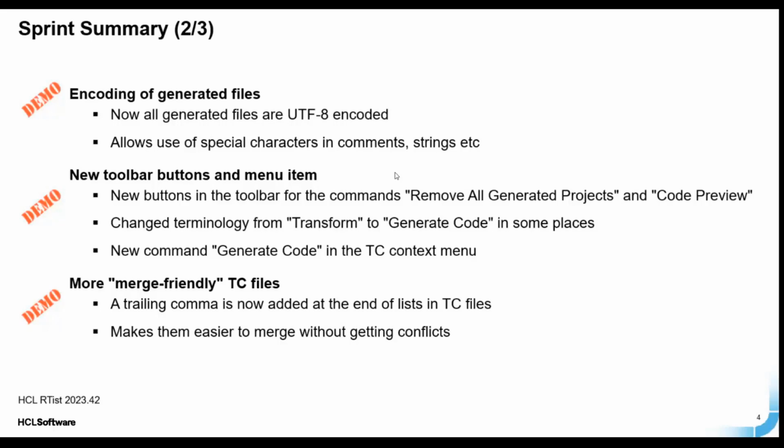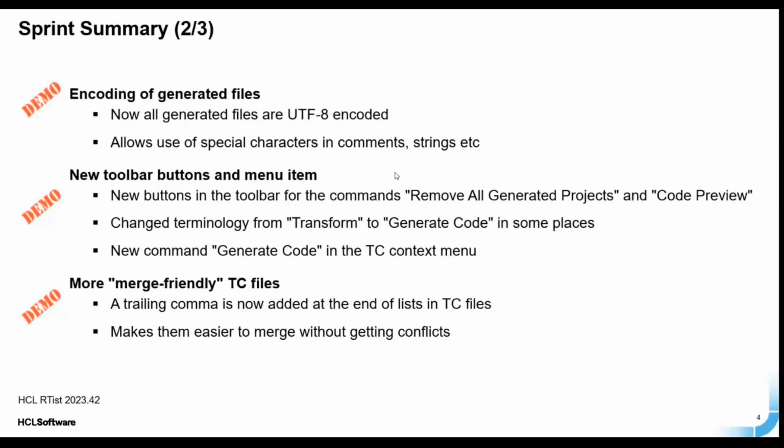We also have implemented a new approach for saving TCGS files as text. And this new approach is now merge friendly. It is adding a trailing comma to the end of all list properties in the TC, and it makes it easier to merge without getting conflicts when several people are working on the same TC file.